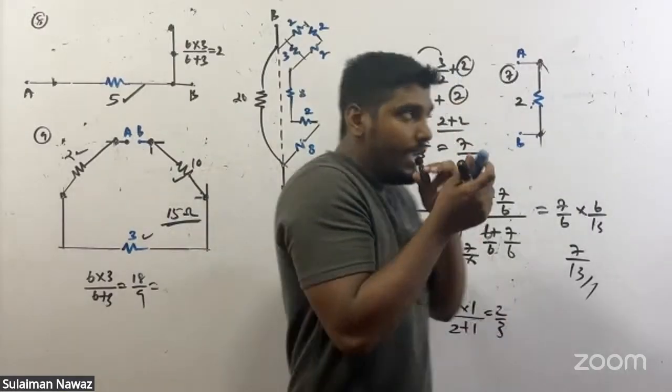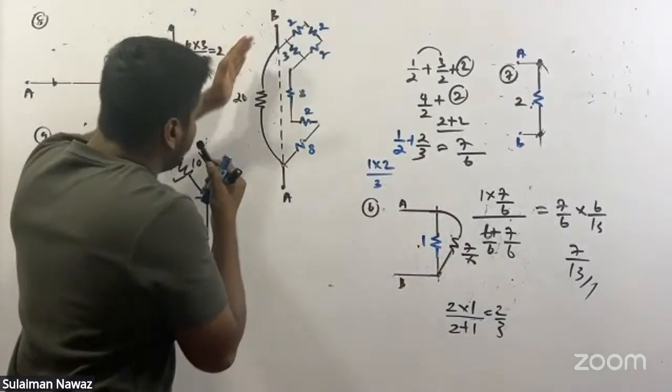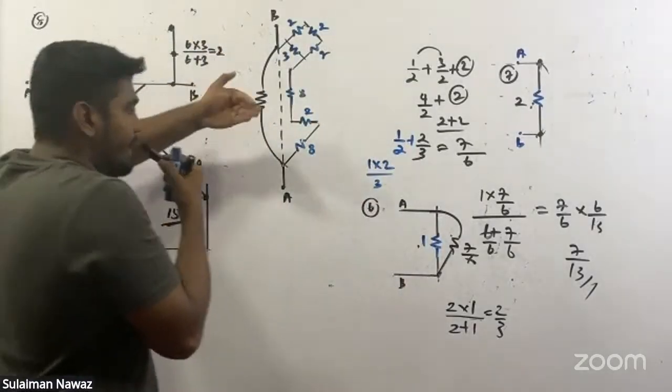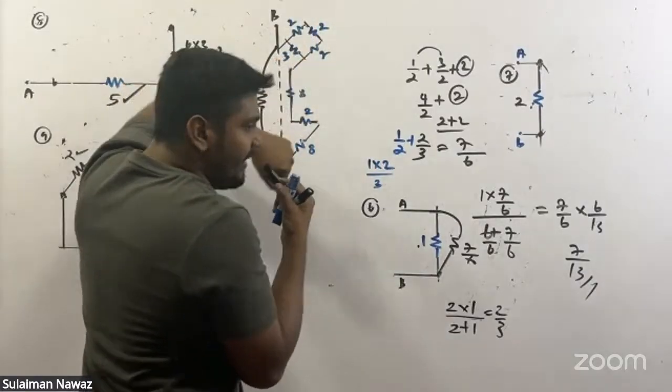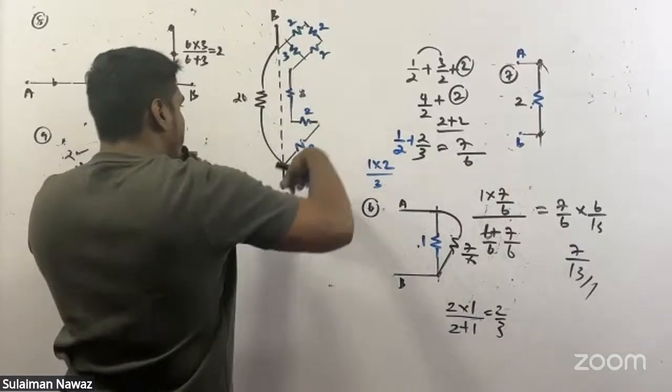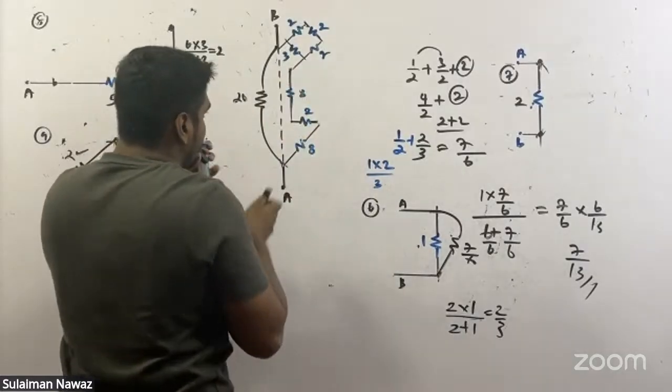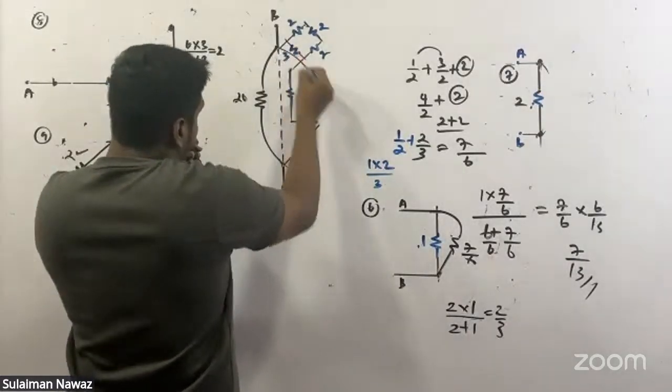So I found the equivalent resistance in the left side is 20 ohms. Again, when you simplify the right side resistor system, you will end up with the same 20.